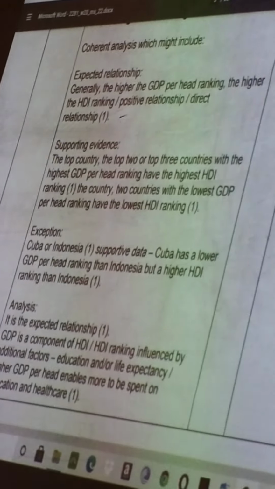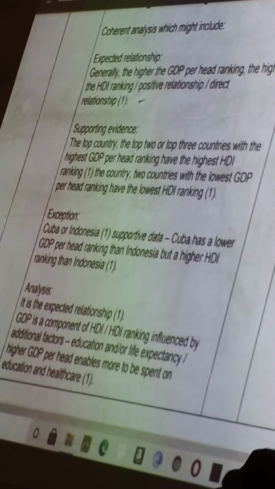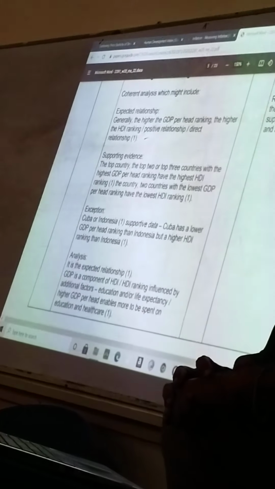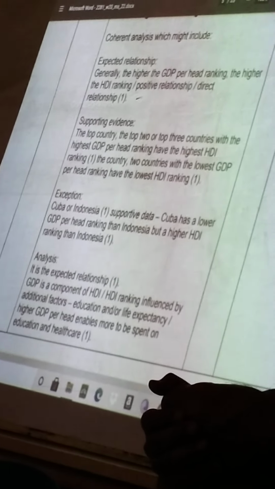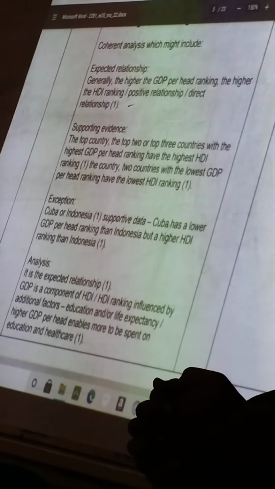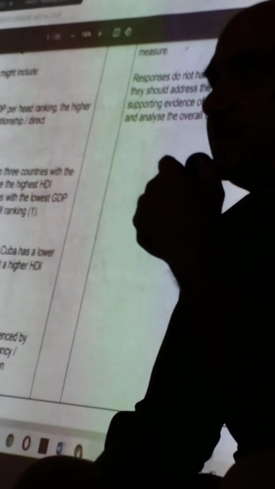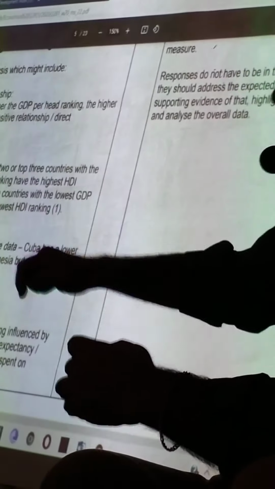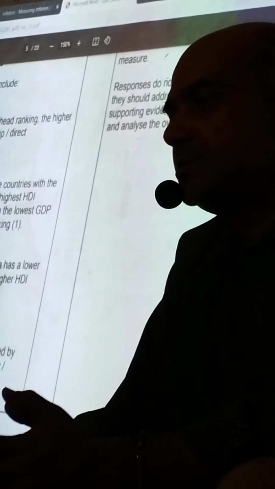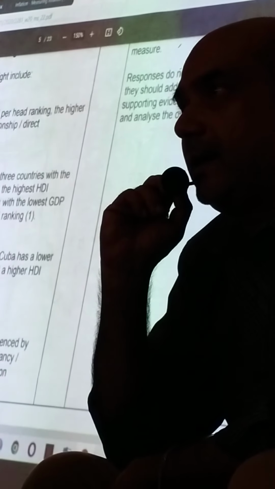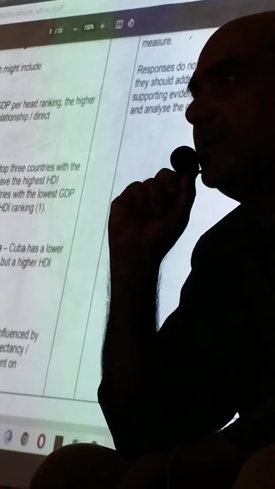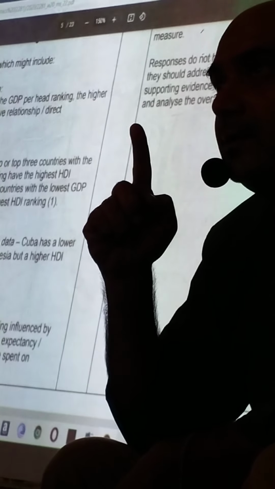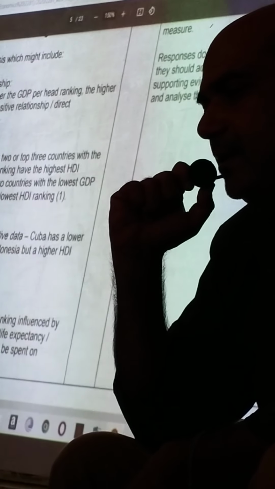Remember, I gave you certain points for the data response analyze question. Remember those points? That you need a generalization, you need an exceptional value, you need to explain the reasons. Go through it. See what they have written for answering this question. Expected relationship? Yes. Increasing or decreasing? Okay?